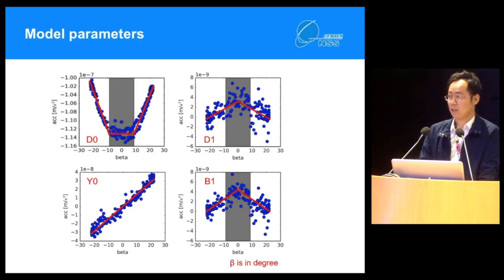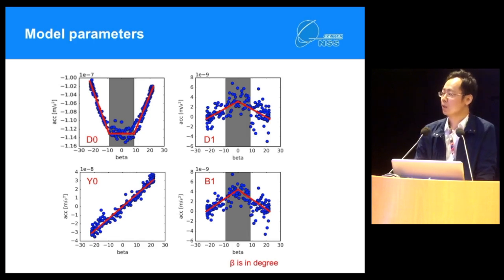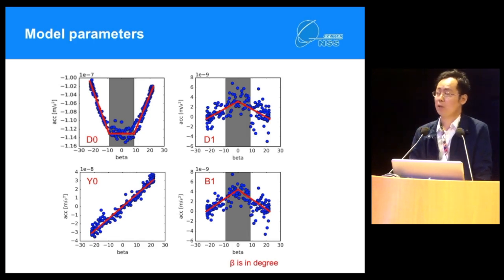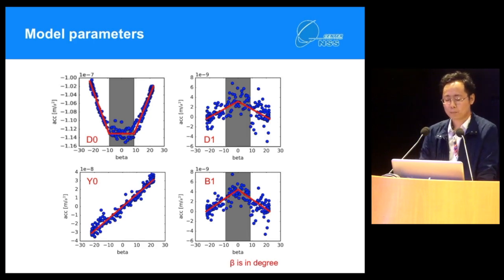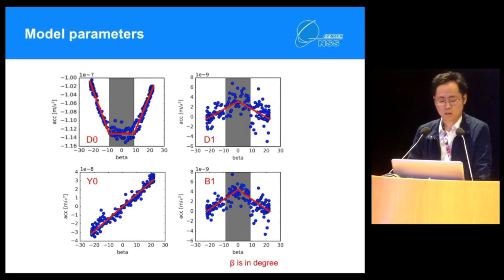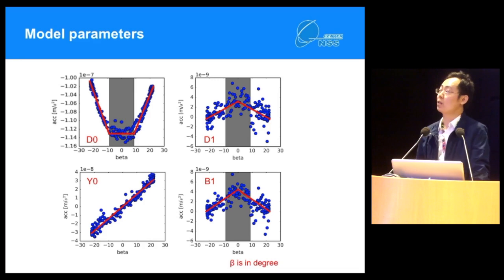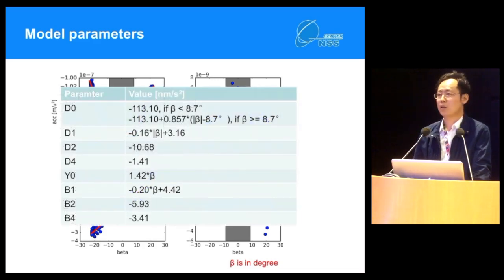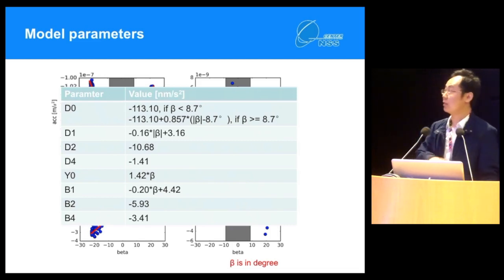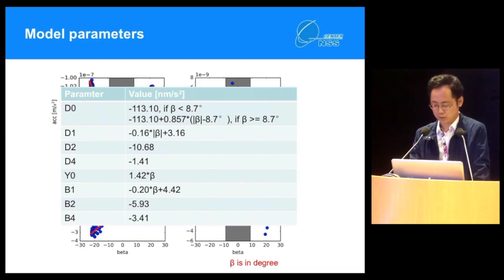That means we need to further use a formula or equations to describe the change of those parameters, and for others it's almost a constant. So finally we got the periodical empirical fitting models. Those are its coefficients.